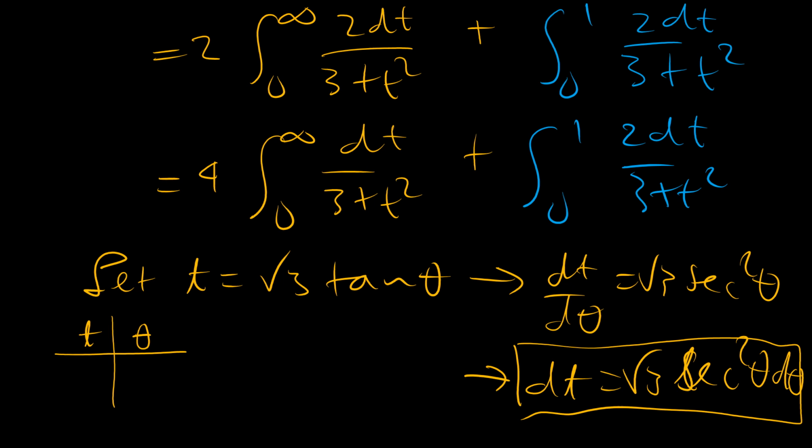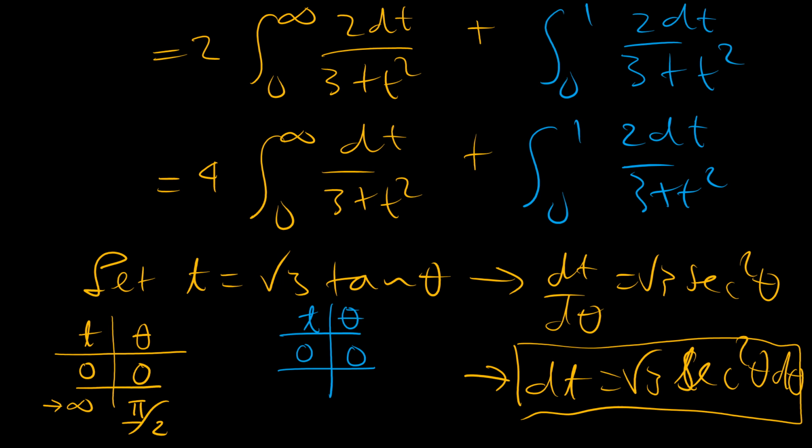When t is 0, arctangent of 0 is going to be 0. As t tends to infinity, we get pi over 2. And then for the blue integral, t is 0 gives theta equals 0, and at t equals 1 we get pi over 6.